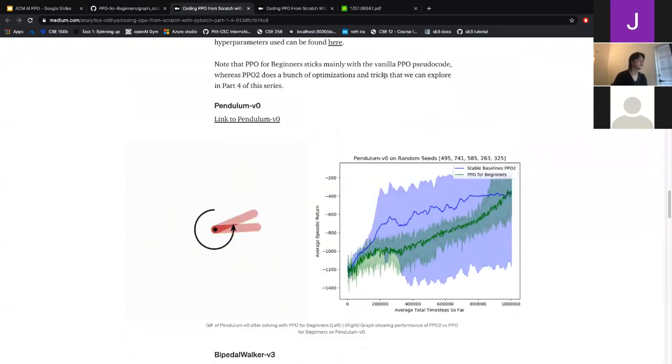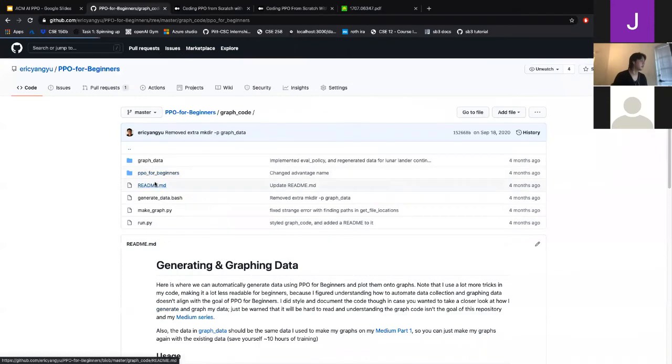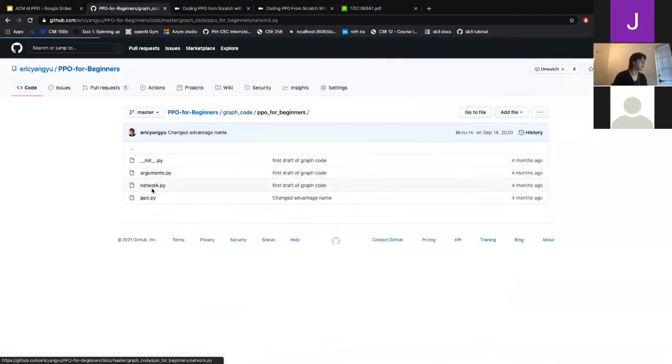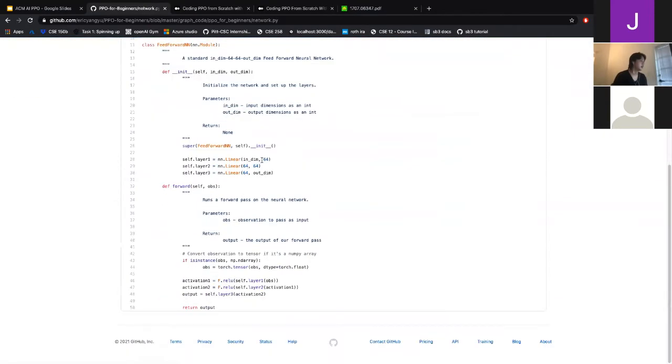How big was the network then? For 10 hours? Very standard. In fact, I think you can just find it right here. Let's see, network.py. 3 layers. 6, yeah. Very standard. 10 hours, okay. Yeah. The updating part isn't the issue. It's the data collection. Data collection is always the longest. Oh, really?